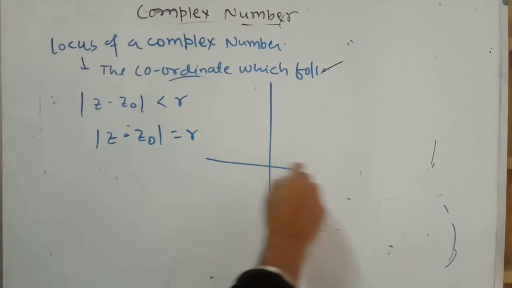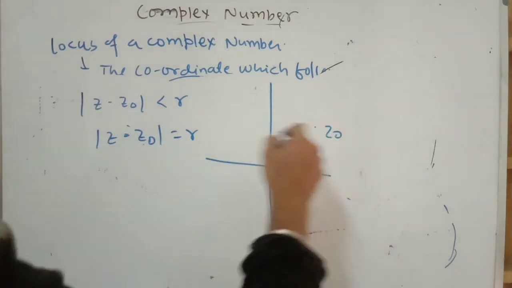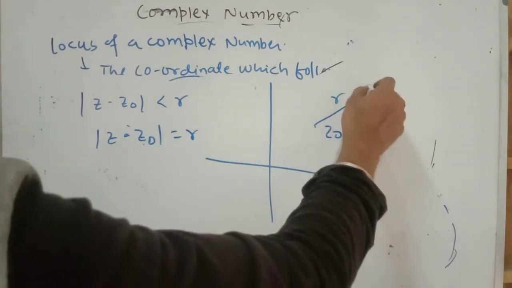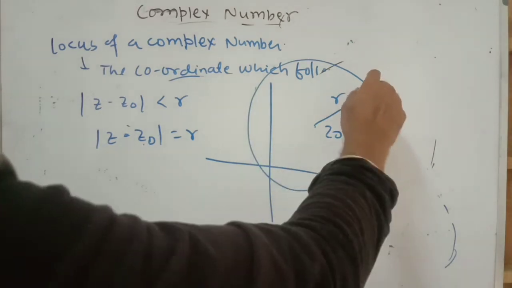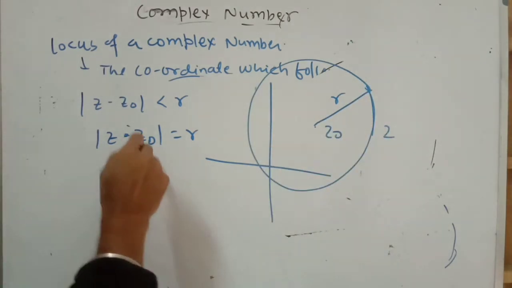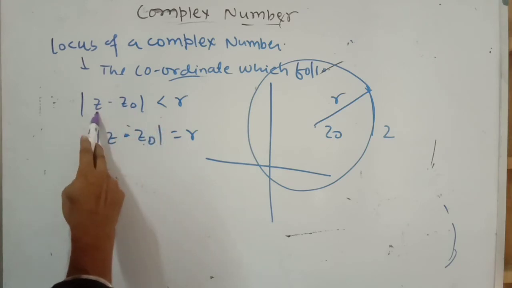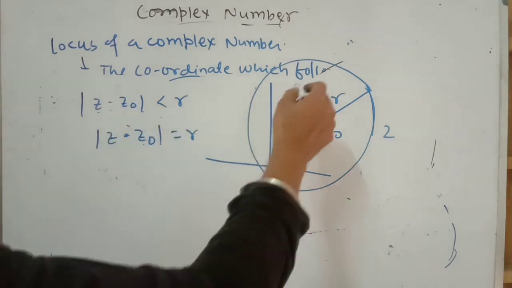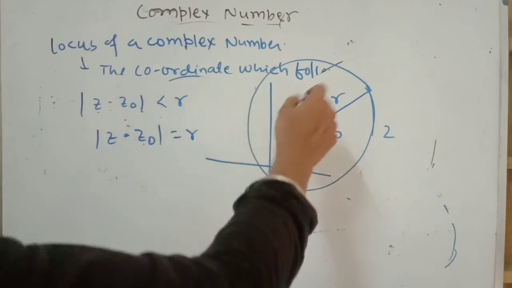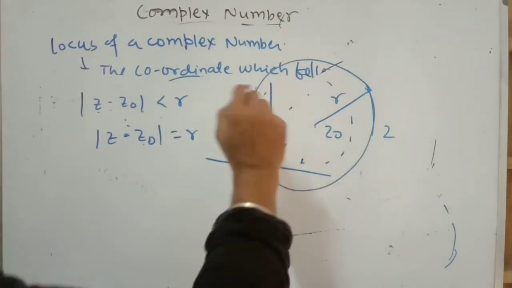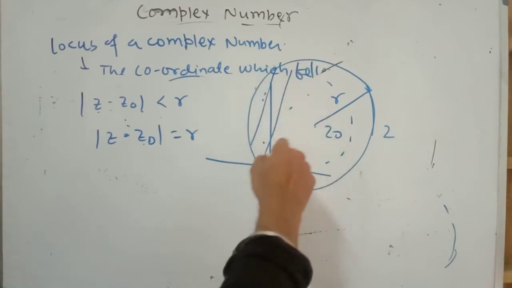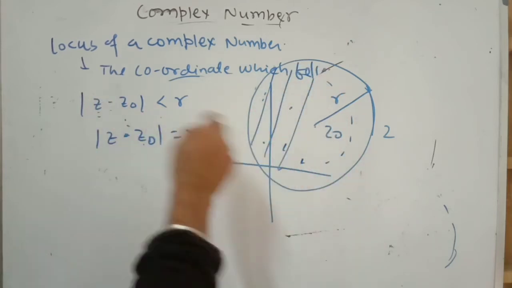That means z₀ is the center and r is the radius, and this is the locus of z. Now when you write less than r, that means z belongs anywhere inside of the circle. So this is the locus of z in this case.